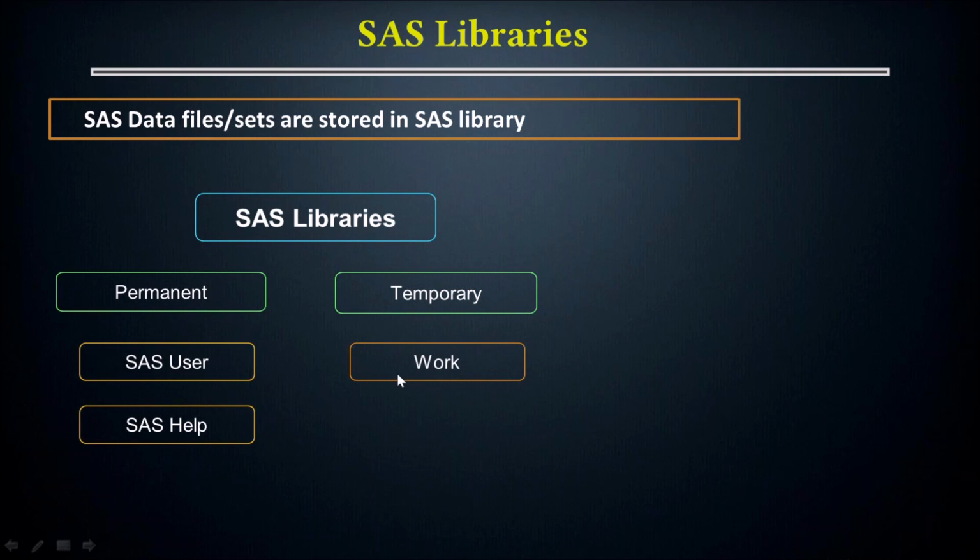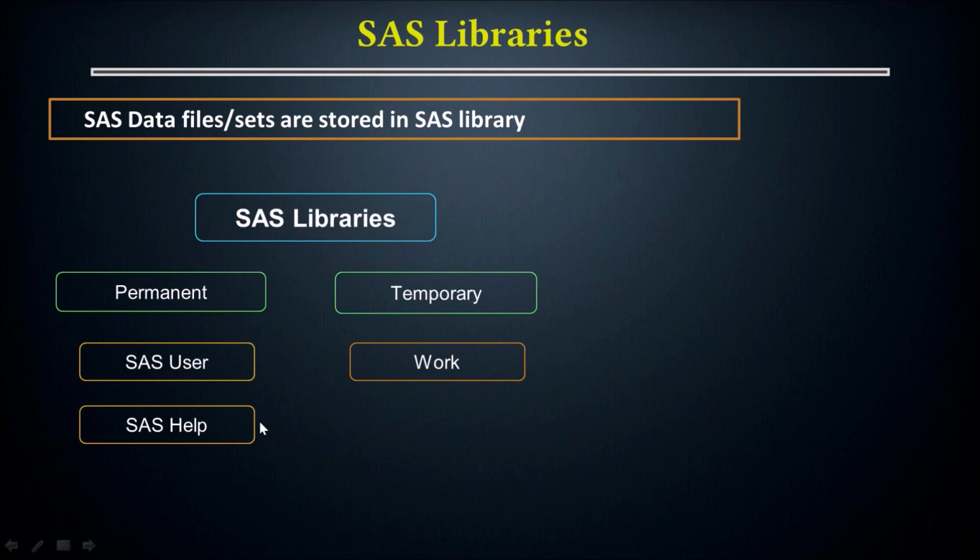But data saved in the temporary library like Work will get deleted once you close SAS. That's why we call this permanent and this temporary. So if you want to work with the same data in future also, you can save it in permanent libraries like SAS User and SAS Help.